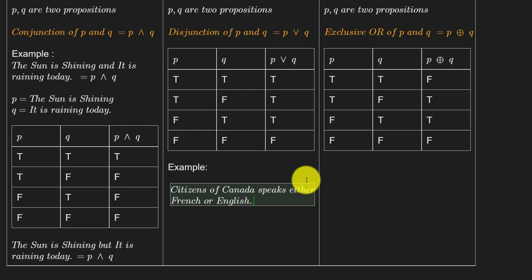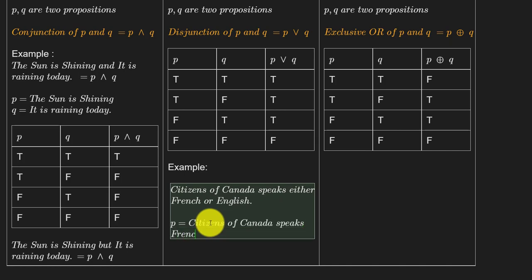Okay, so now think about this one. What are my propositions over here? P is my proposition: citizens of Canada speak French.